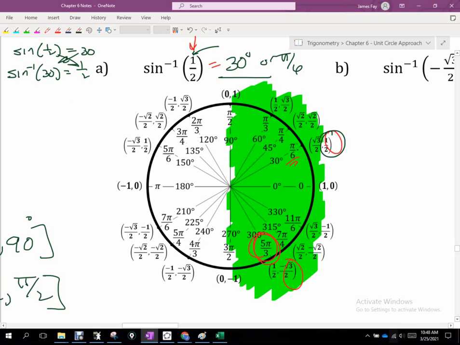Is there another angle other than 30 that has a y value of 1/2? 150. So I could say sine of 150. My calculator should give me back 1/2. However, when I type in sine inverse of 1/2, it's not going to give me both 30 and 150. It's not going to give me both those answers. Does that make sense?